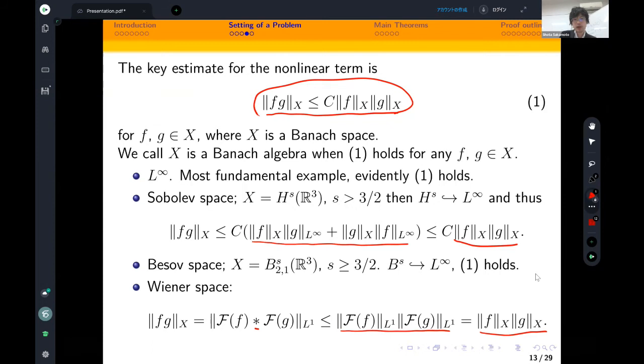For example, if we can get a solution in L infinity x, it's very great, but it's too rough to construct a solution, and that's the reason why we started from the Wiener space. And this also has this one condition 1 with C exactly 1, but it's smoother than L infinity. I will show you later.